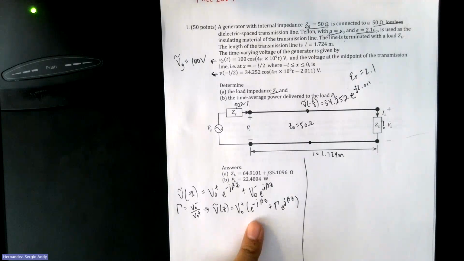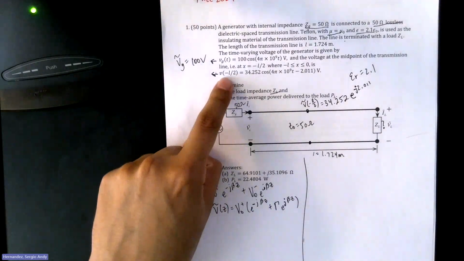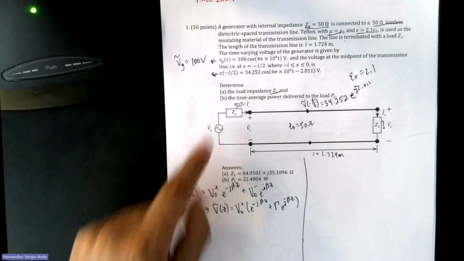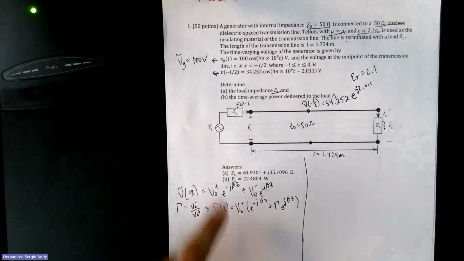Actually, one time, because he gives you the voltage across the line. So you're immediately able to transform this equation to fit this equation.